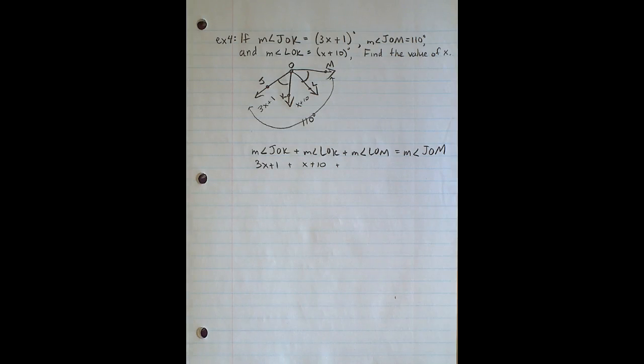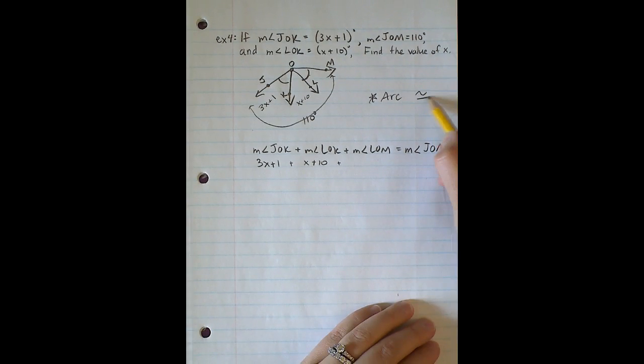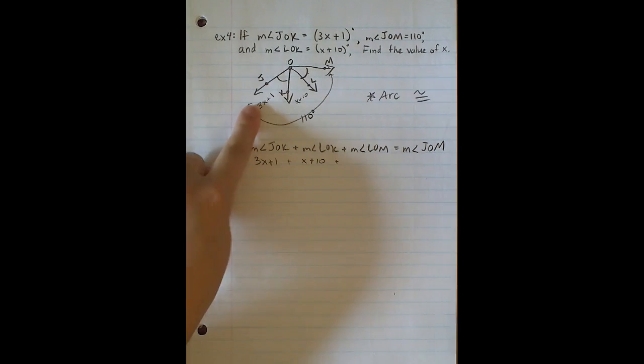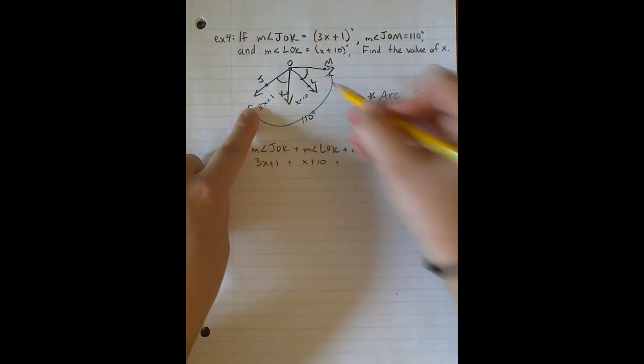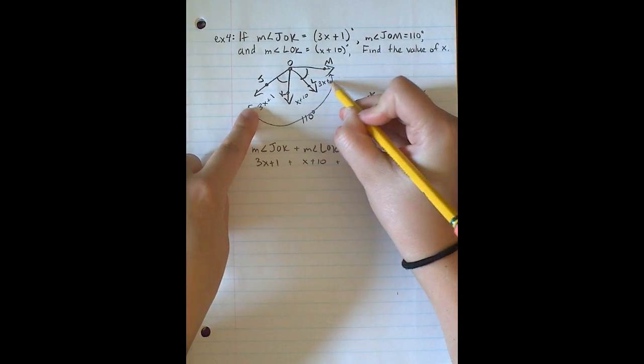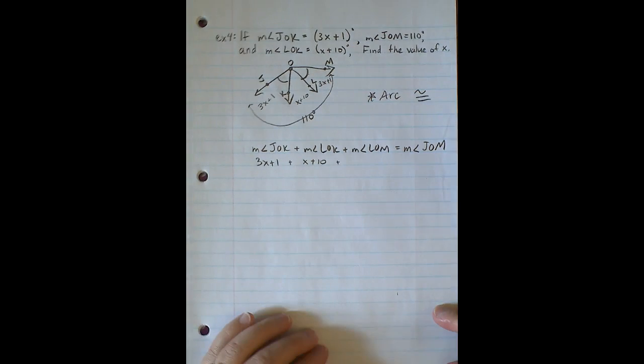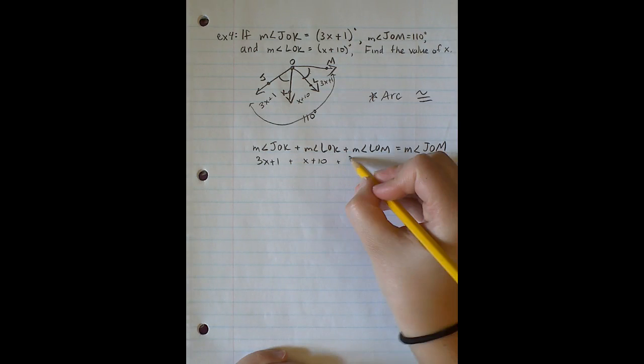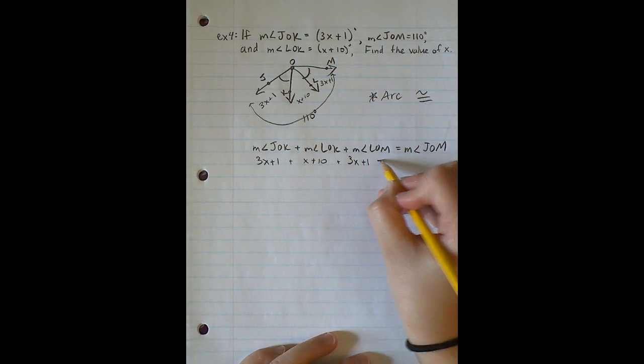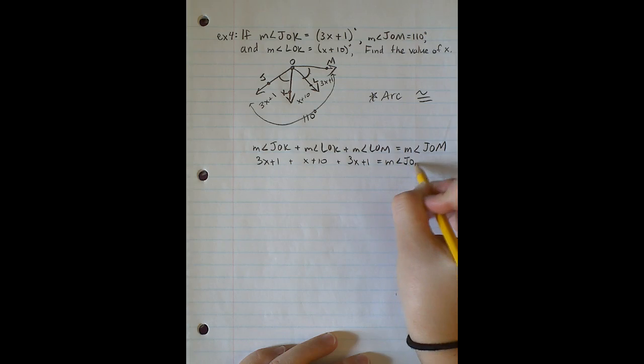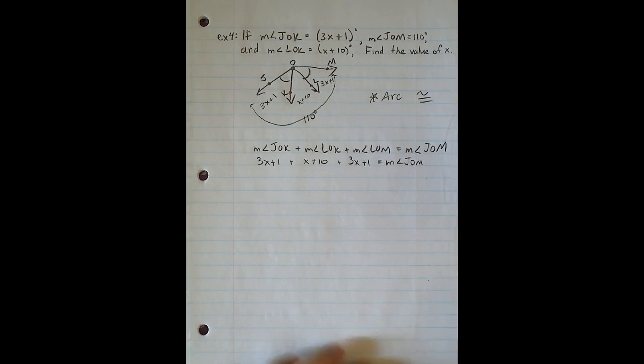What do we know about LOM? It's the same thing we knew about LOM in the last couple examples. Because of this arc mark, right? Arc mark means congruent angles. So if this is 3x plus 1 and this has an arc mark, it's also 3x plus 1. So I can plug in another 3x plus 1 for LOM. Now we can combine like terms.